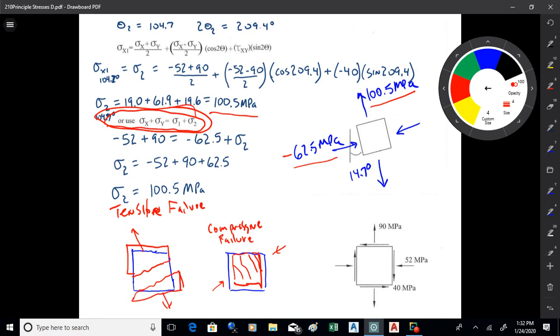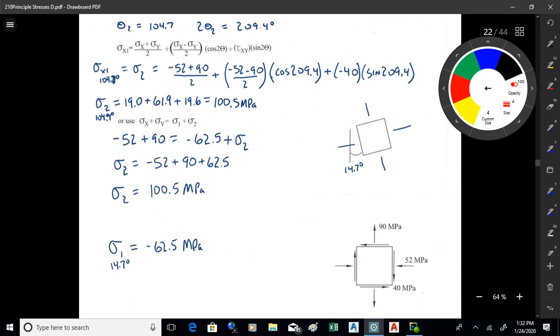You might get sigma 1 and you go, well, the key says that's sigma 2. What's the deal? It doesn't matter. As long as you got the proper stress at the proper angle, the 1 and 2 designations are kind of arbitrary. Okay?